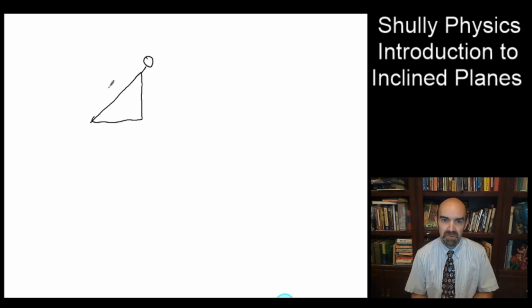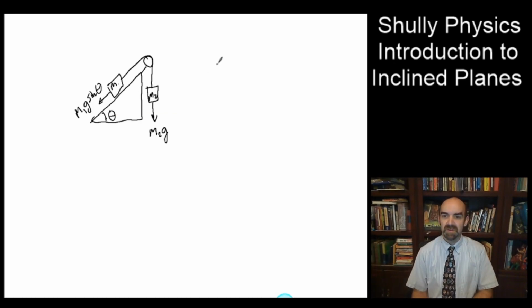So if there is a pulley and you see a system like this, see there's an M2 and an M1. M2 is going to be pulled down by force M2 times g, but this side is going to be pulled down by force M1 times g sine theta, where theta is the angle of the incline.